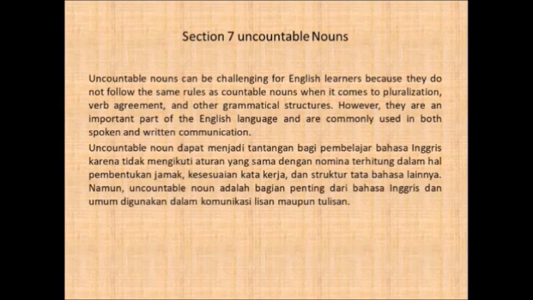Uncountable nouns can be challenging for English learners because they do not follow the same rules as countable nouns when it comes to pluralization, verb agreement, and other grammatical structures. However, they are an important part of the English language and are commonly used in both spoken and written communication.